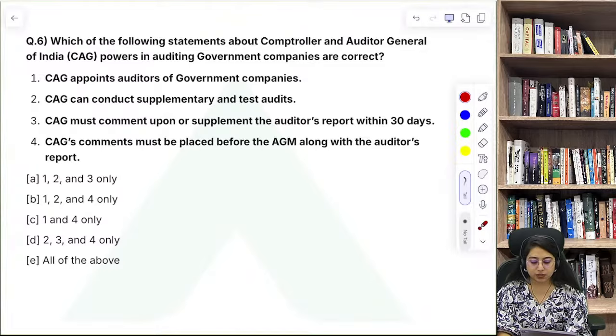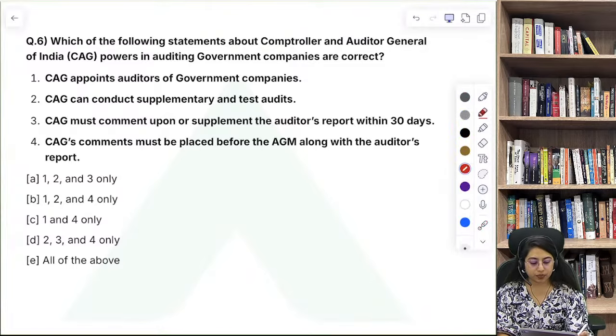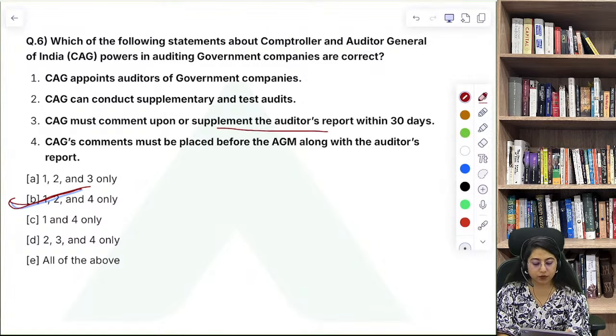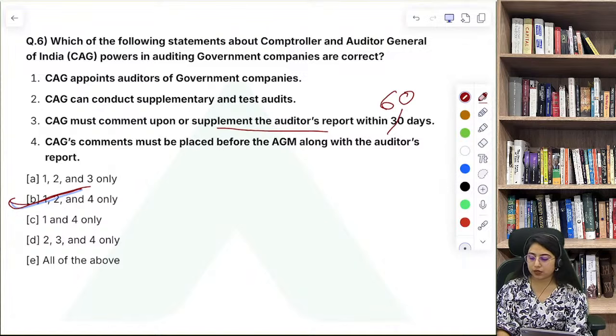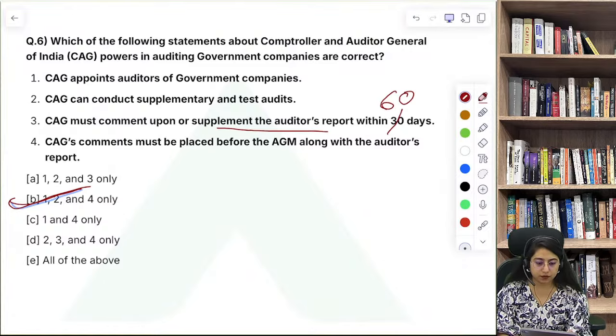CAG must comment upon or supplement the auditor's report within 60 days. 60 days would be the right answer under Section 143 subsection 3. Yes, absolutely correct.